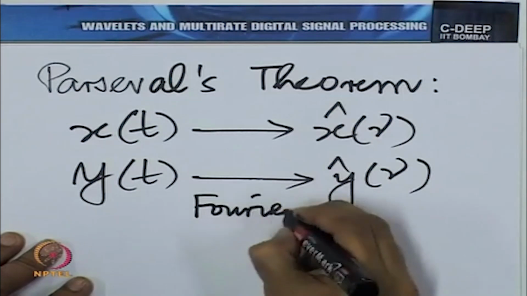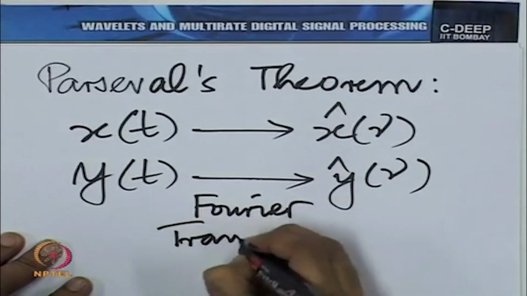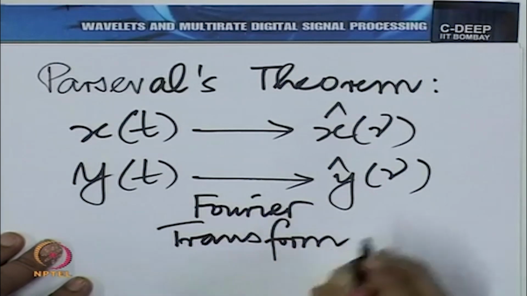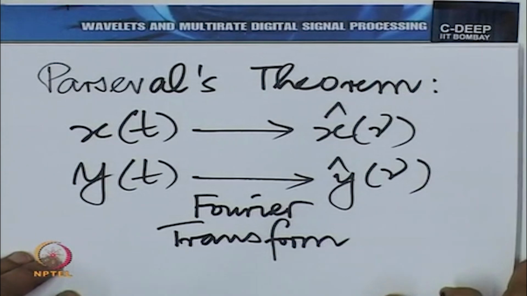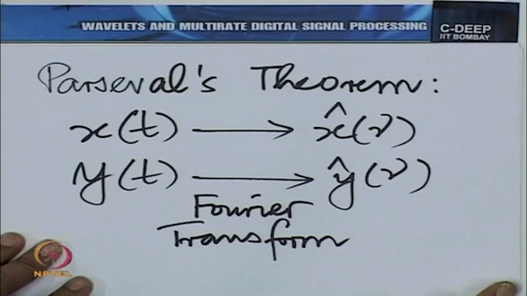This arrow denotes the Fourier transform. Then there is an equivalence of the Fourier transform inner product and the time inner product. That is what Parseval's theorem says in our language now.